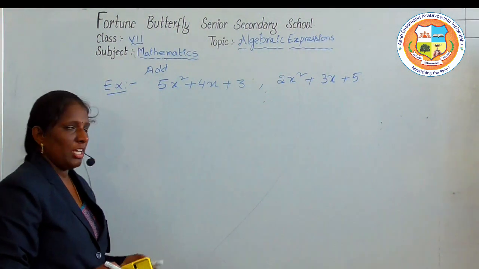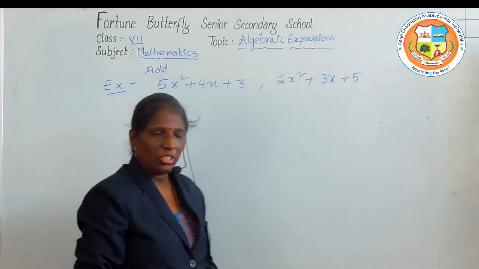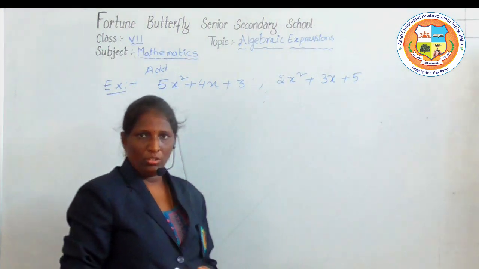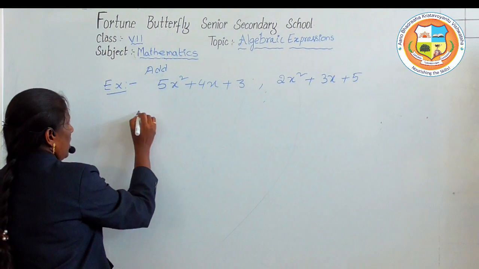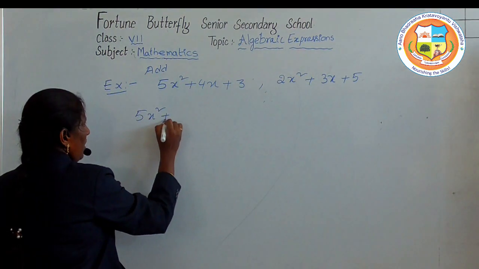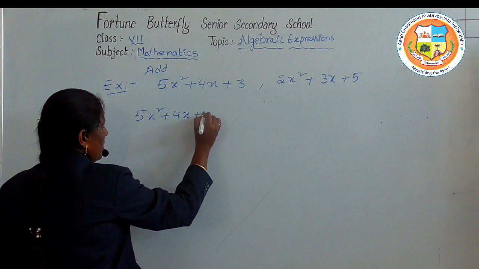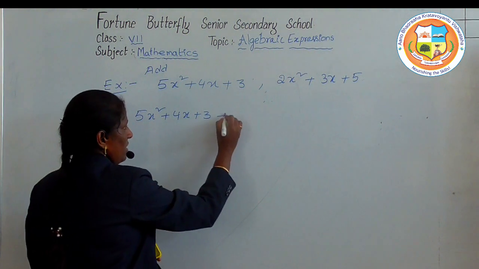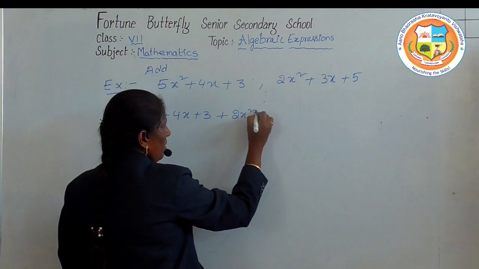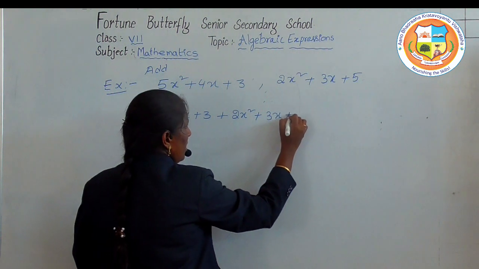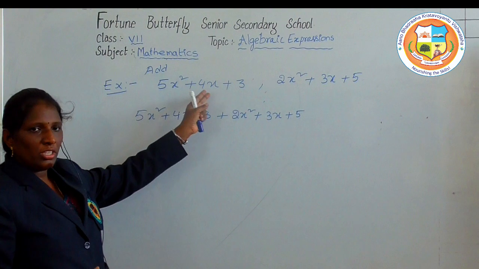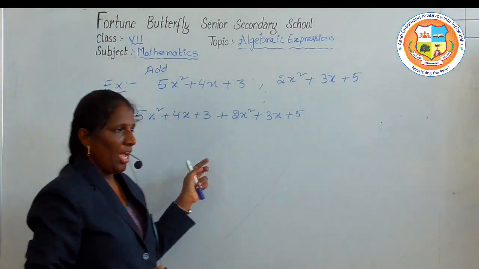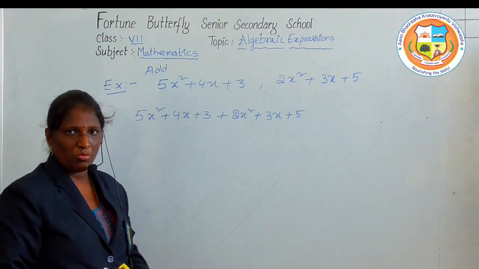In addition, there are two methods. One is the horizontal method. The other is the vertical method. First, I will explain the horizontal method. The given expression is 5x^2 + 4x + 3. Add means plus 2x^2 + 3x + 5. First write down the given two expressions. Add, that is, place a plus between these two given expressions.